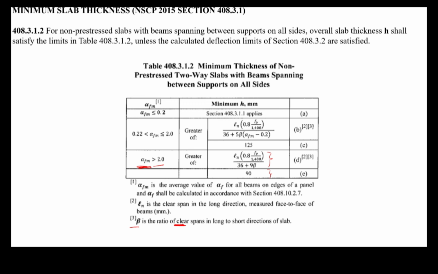As to L sub n, it is defined as the clear span in the long direction, measured face to face of the beams. So this has been previously computed in the determination of beta.